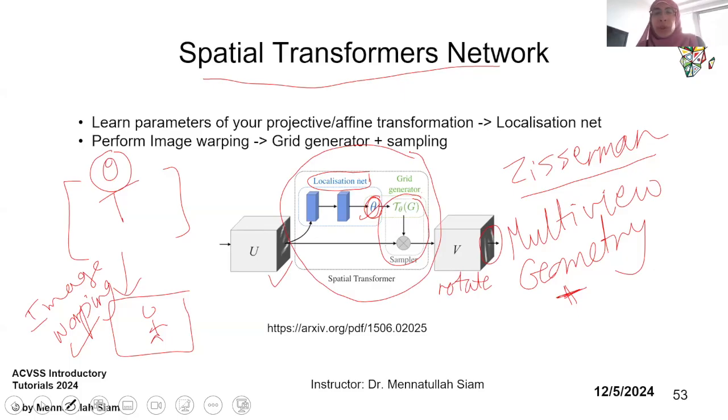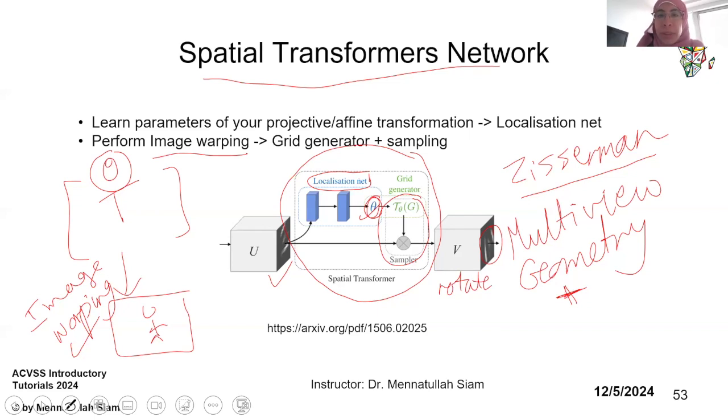They're mainly working with 2D transformations. But in order to understand it, you need to actually understand projective geometry. You need to understand what the different 2D transformations are. You need to understand how to apply image warping so that you can understand how they did this grid generation and sampling.